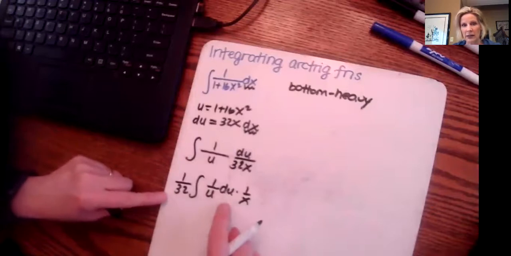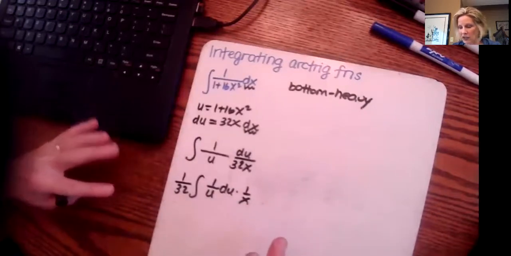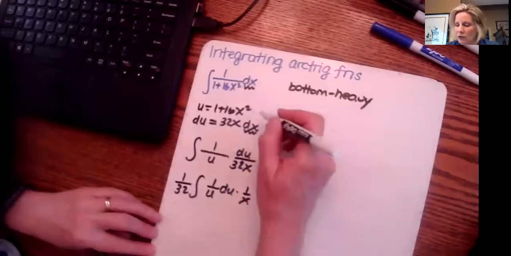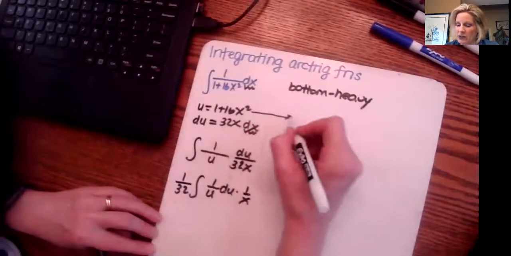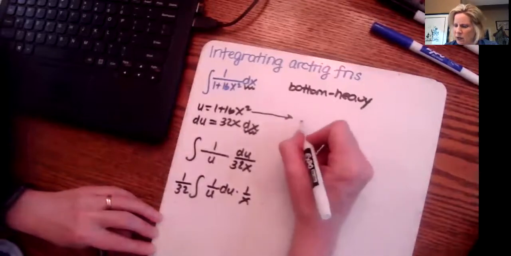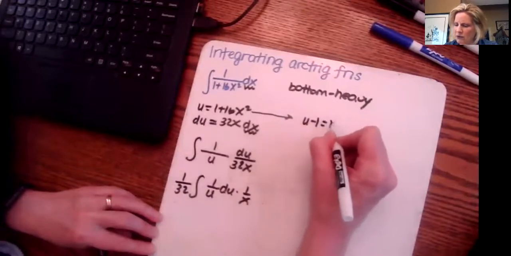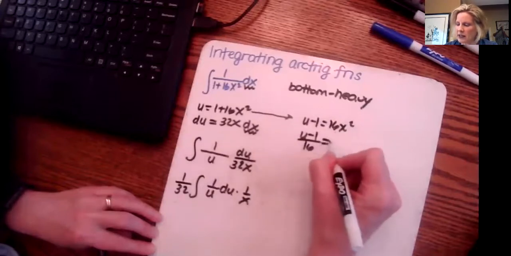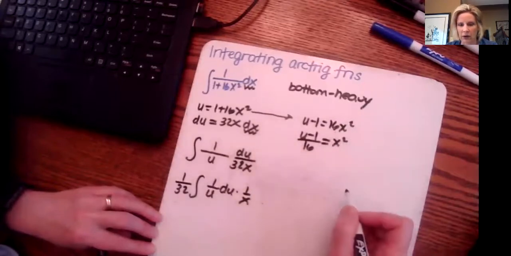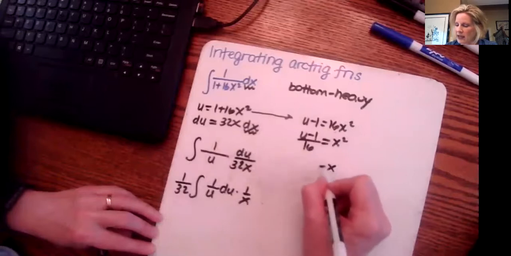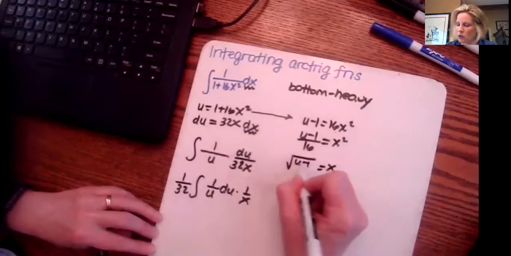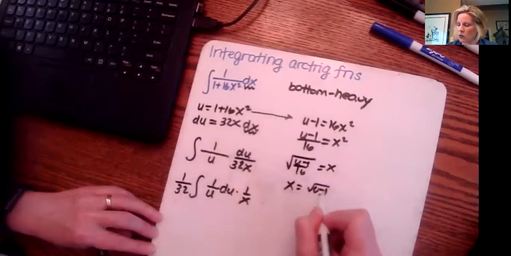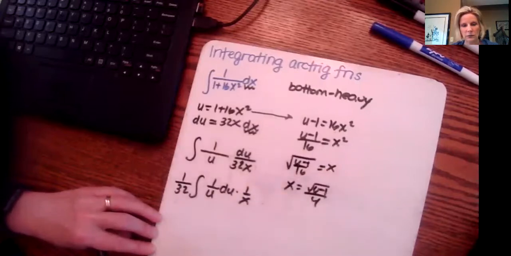So I get to this and go, oh my gosh. And then I think, whoa, what might be one of those wild, funky u problems. So then I look back at my u and say, well, if I did u minus 1, that would give me 16x squared. U minus 1 over 16 gives me x squared. So I could say x equals the square root of u minus 1 over 16. So x equals the square root of u minus 1 all over 4.